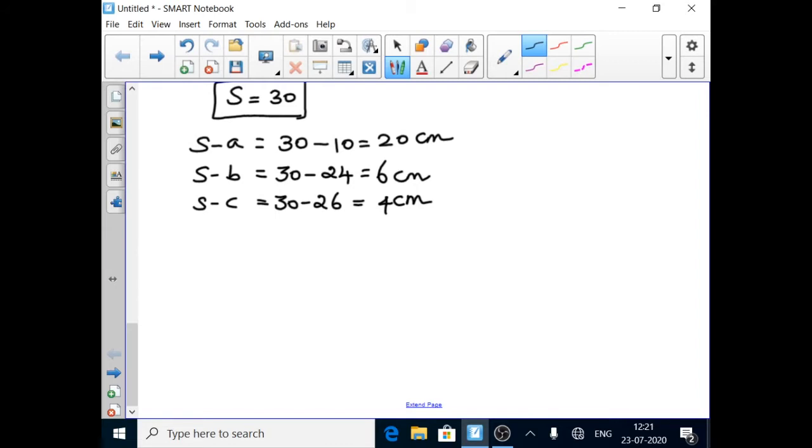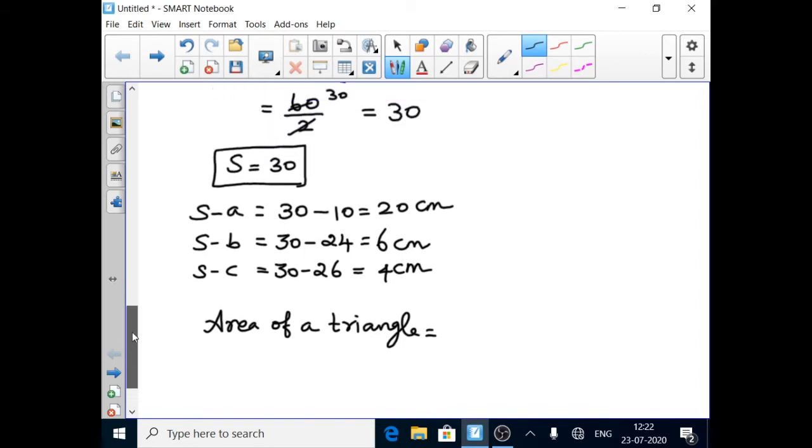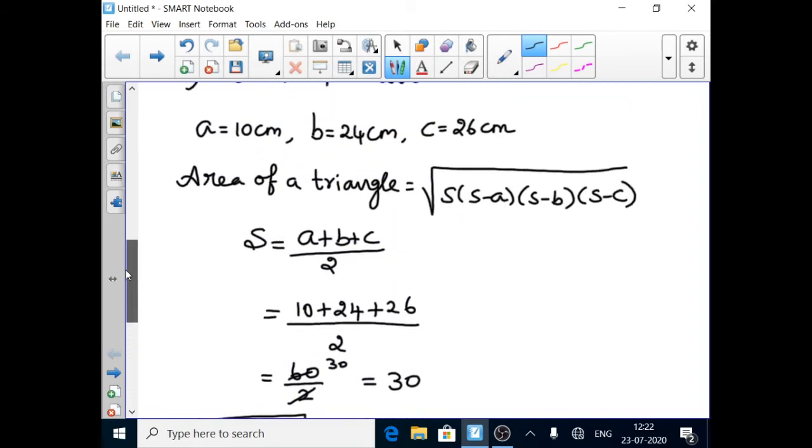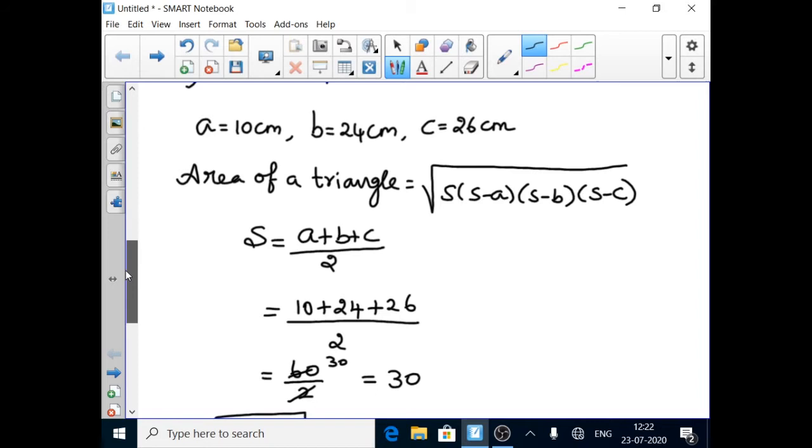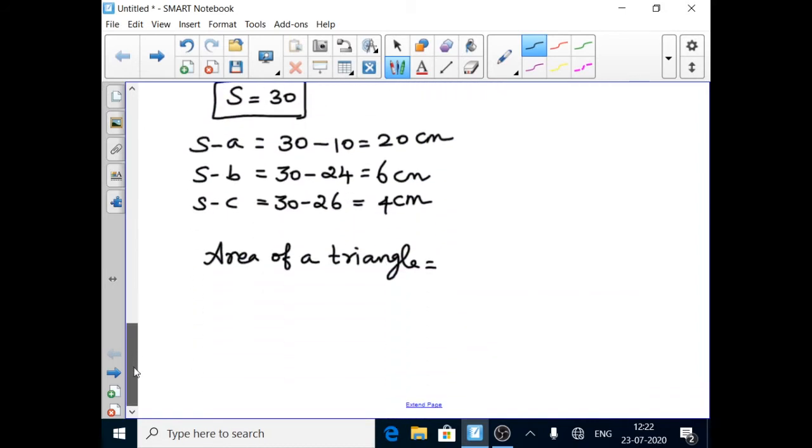So we want to find the area. Area of a triangle is equal to, already we wrote the formula, root of s into s minus a into s minus b into s minus c. So you can write it. What is our s? s is equal to 30.